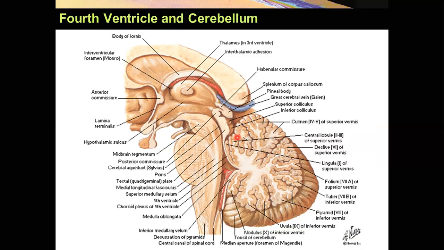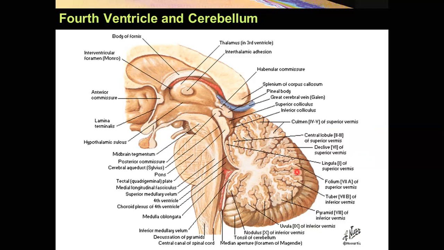This is the central lobule of superior vermis. Then this is the culmen of superior vermis, 4 and 5. And then here is the declive of superior vermis, 6. And this is the folium here, the folium of superior vermis.